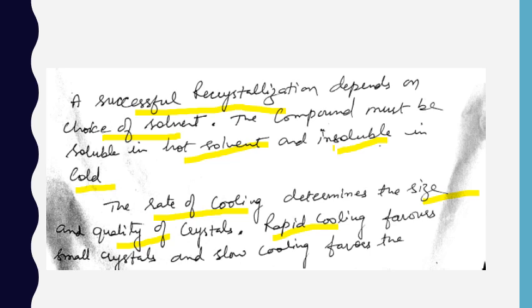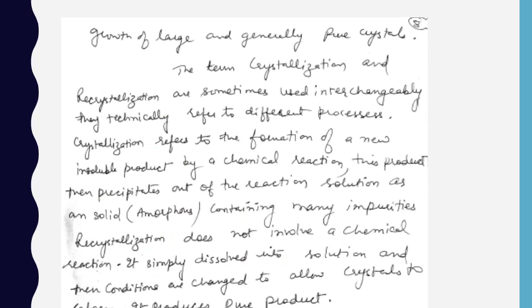Rapid cooling favors small crystals, and slow cooling forms larger crystals. Here you can see the growth of large and generally pure crystals occurs when we go for a slow cooling rate.